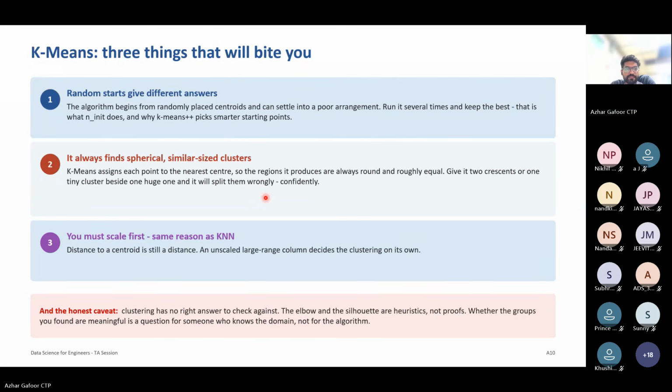And it always tries to find spherical or similar sized clusters. Then always remember we have to scale the data first, and it's also for KNN, because we are calculating the distance to the centroid. So if one of the features is in hundreds and another is in 1, then unscaled features can cause errors.